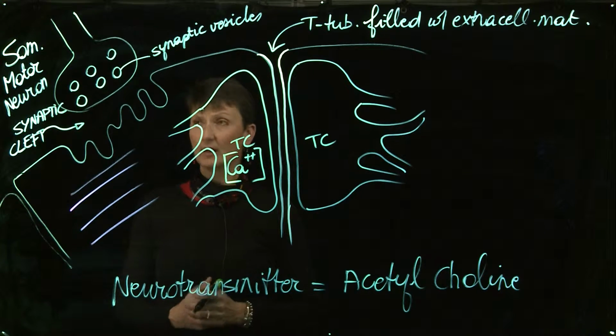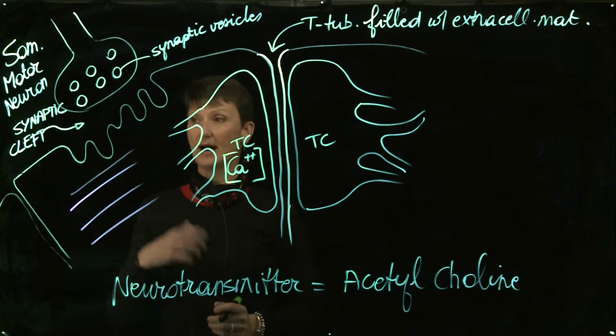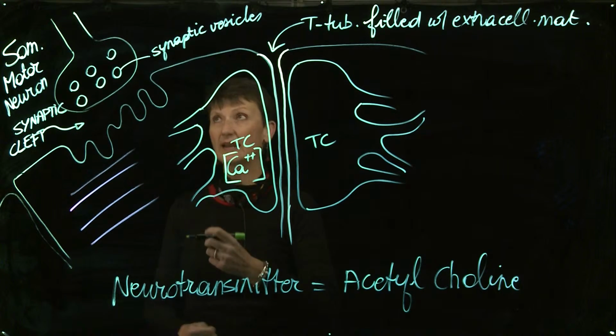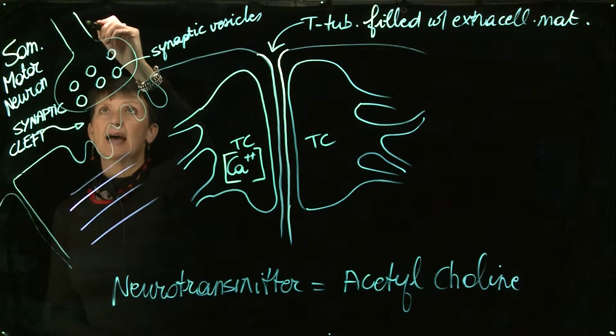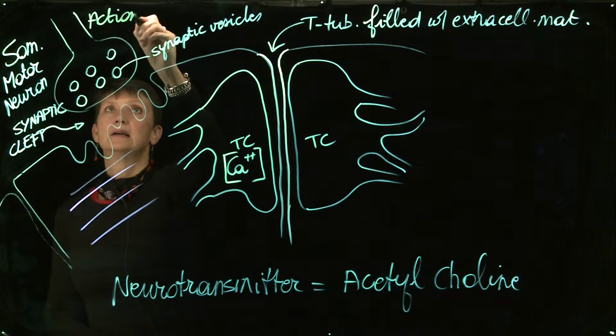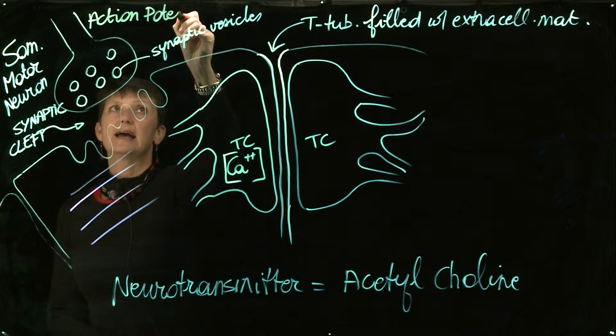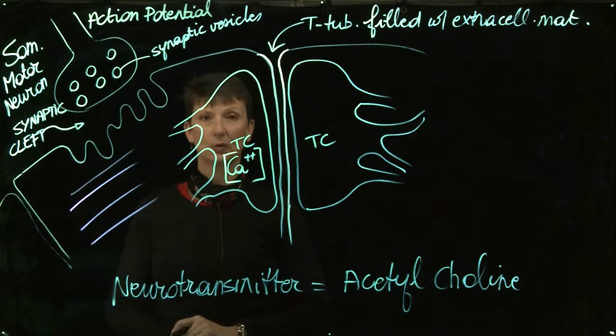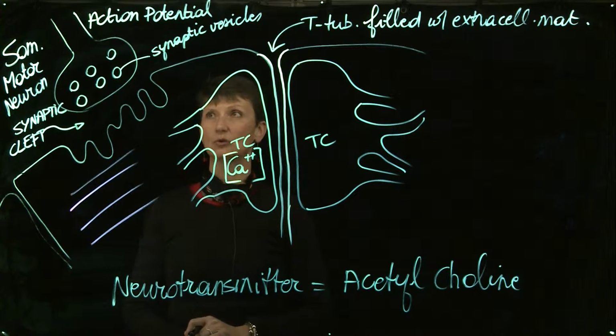Well, from the central nervous system, either the brain or the spinal cord, an electrical signal arises, and we call that an action potential. And that action potential will come down all the way down the axon towards all of the axonal terminals of the axon. And here we see one axonal terminal.